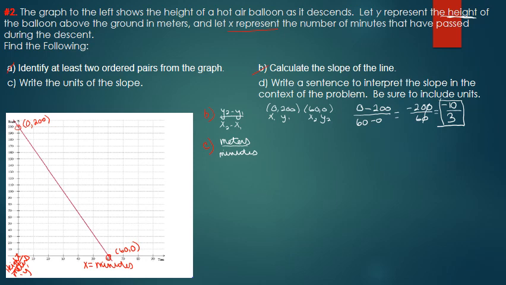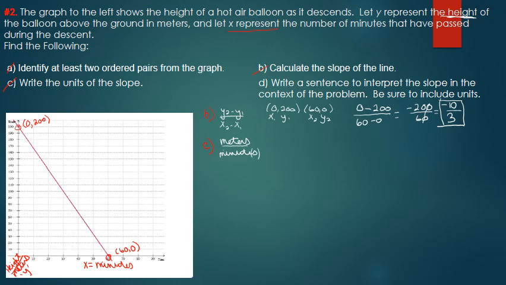So our units are meters per minute. I'll just put parentheses there because you may or may not have that s. Okay, so I've now identified the units for the slope, and now I need to write a sentence.